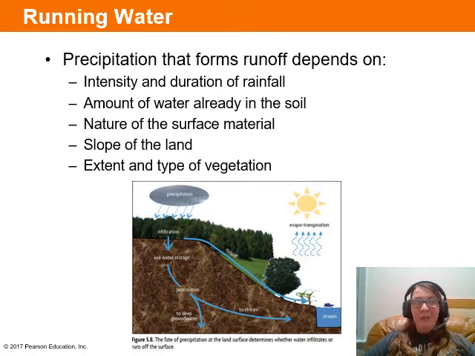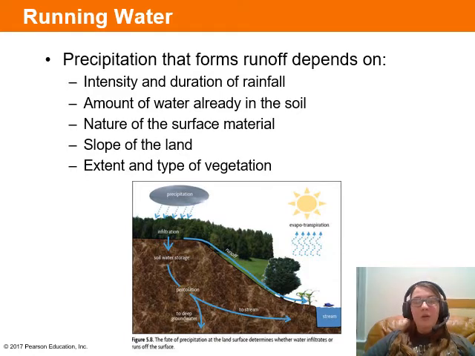But if we're talking about a hurricane, where it's just going to be downpouring for days upon days, generally we're going to see more runoff occurring because the ground can only absorb a certain amount of water before runoff begins forming.